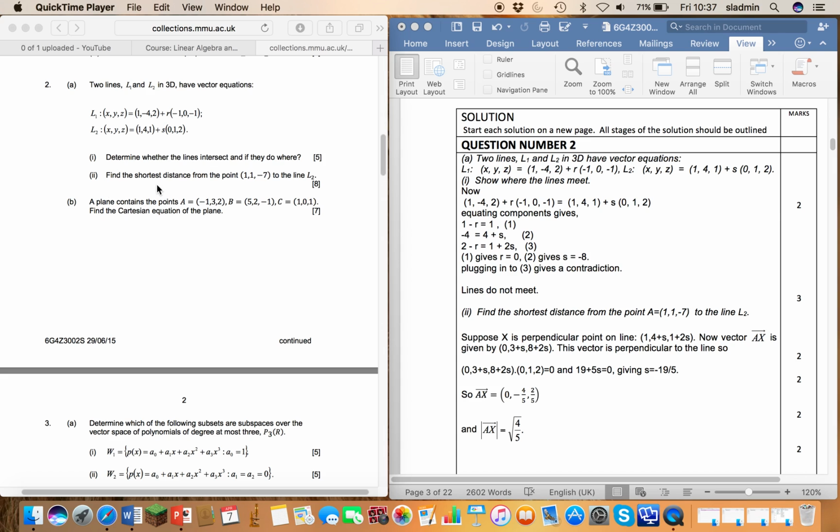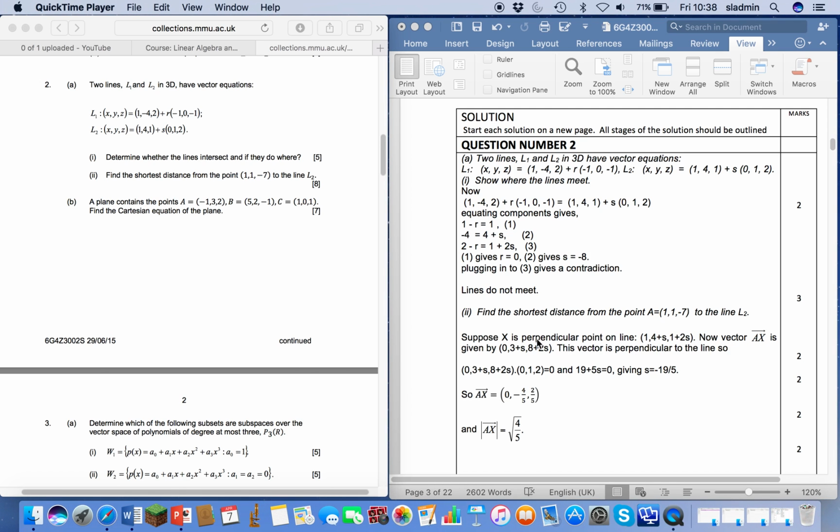Now for the second part of the question, we want to find the shortest distance from the point (1, 1, -7) to this line, L2. So we suppose that X is a perpendicular point on the line, and the line is 1 plus 4s, 1, 4 plus s, and 1 plus 2s. That's our line L2.